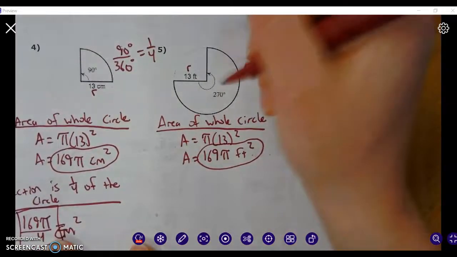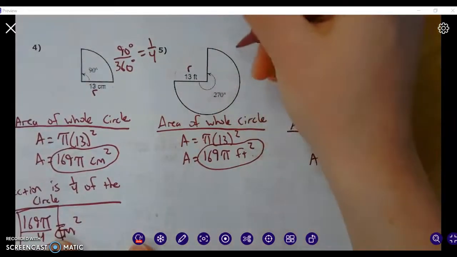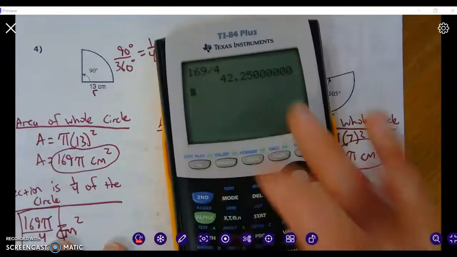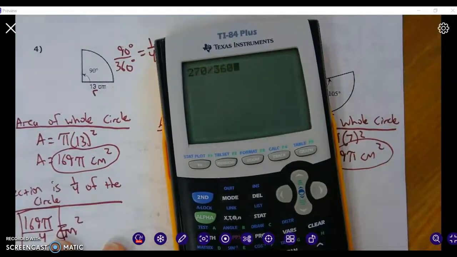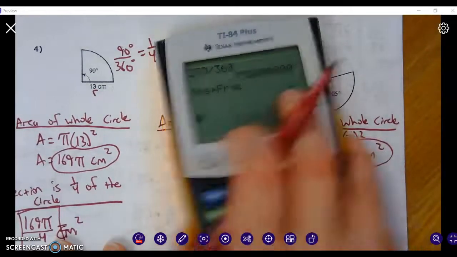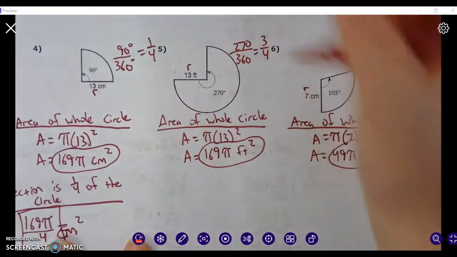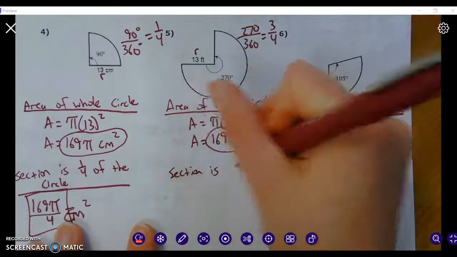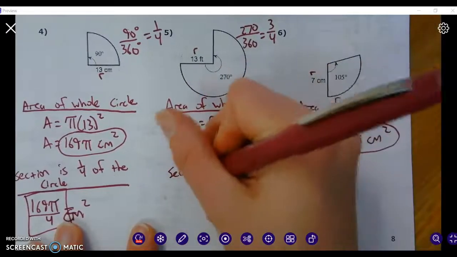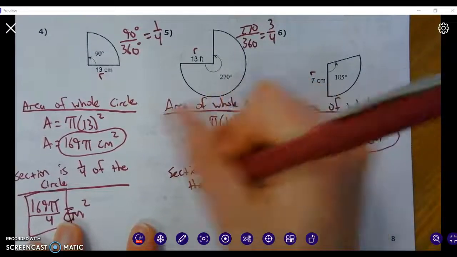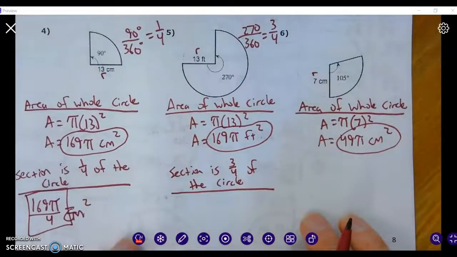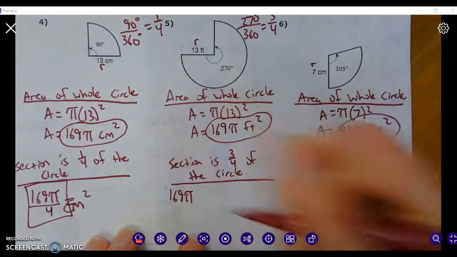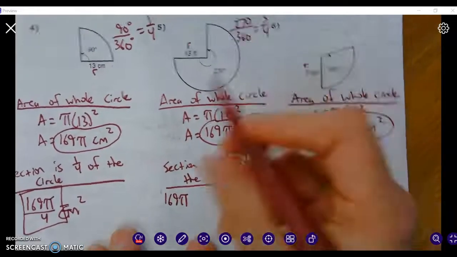Okay, so this next one, our degrees is 270. So if we take 270 out of 360, let's figure out what fraction that is. So that is 3/4 of the circle. Okay, so the section is 3/4 of the circle. Okay, so we're going to take our answer, 169 pi, and multiply it times that fraction.